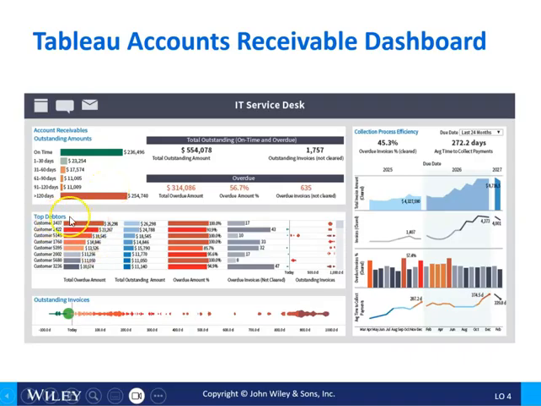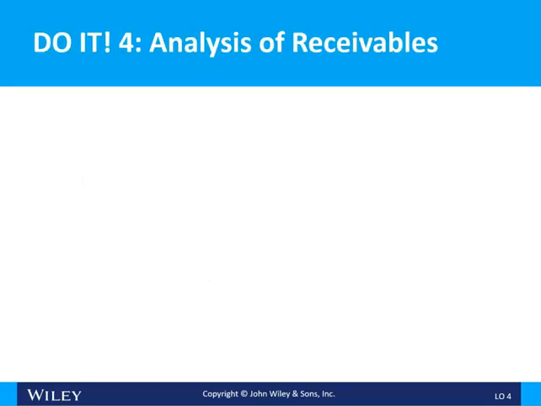Who your top customers are as far as how much they owe you and what their payment looks like. It's got the total outstanding amount, number of invoices outstanding. So a lot of information here that companies decided is important and can help the managers make decisions, looking at this all in one place and doing it quickly.